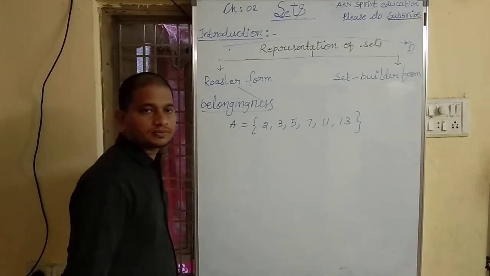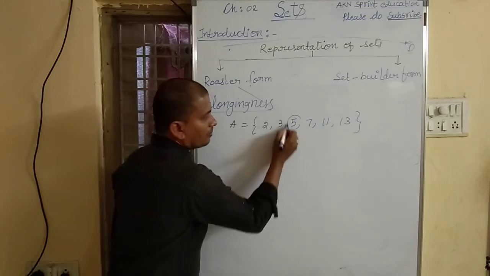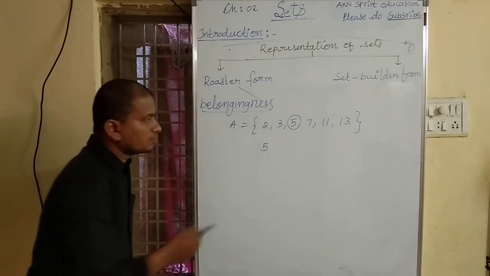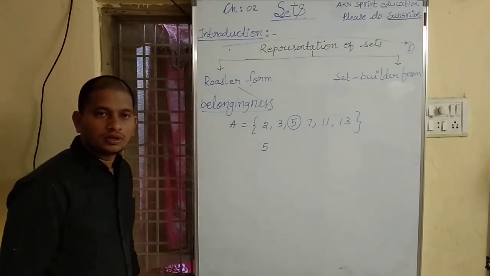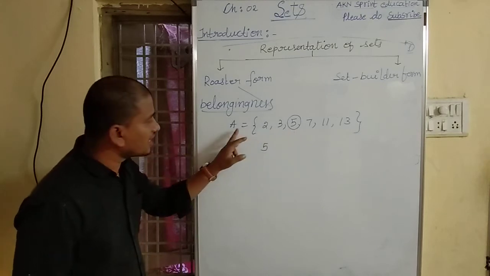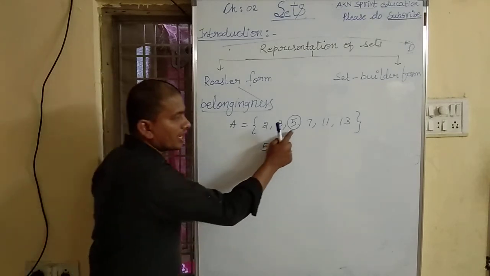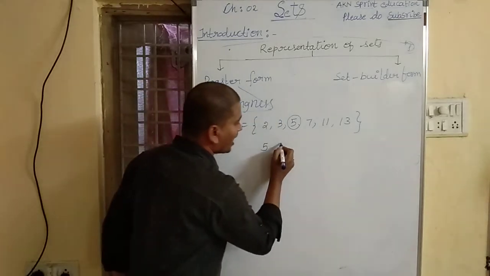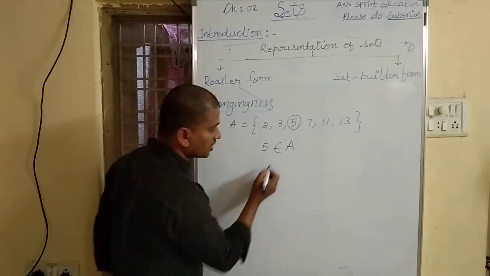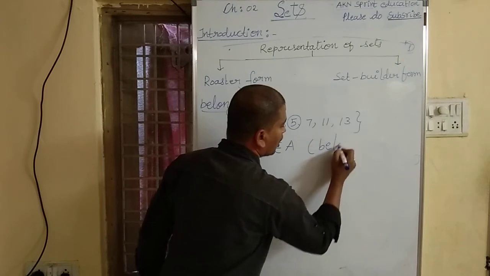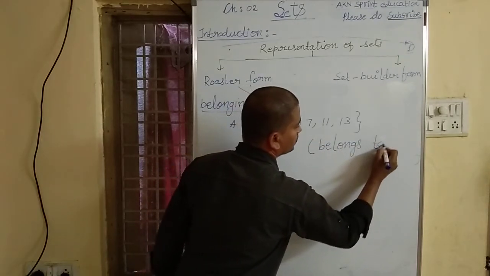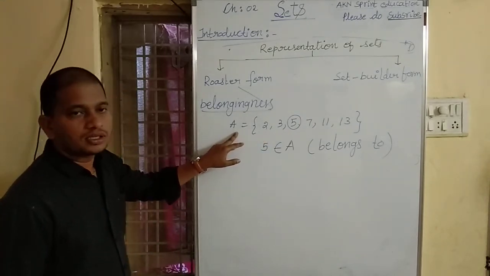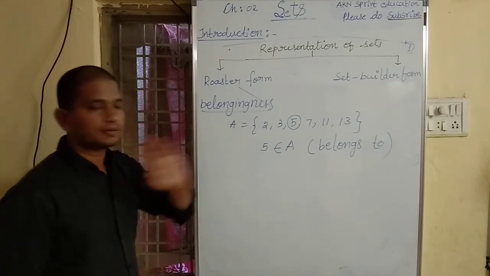Now the question is whether the element 5 belongs to set A. Yes, the element 5 is there in set A, so we can write 5 belongs to A. This is the symbol that is called belongs to.